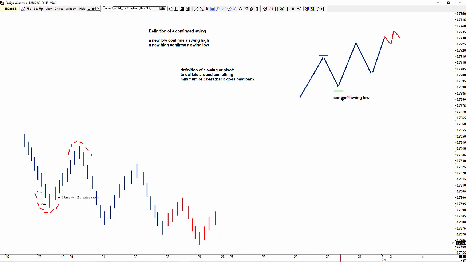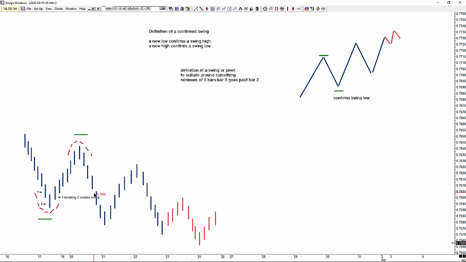All right, so before we can get to confirmed, it has to be a swing. And so you see, we're swinging around bar 2 here. Same thing here, 1, 2, 3. We break this, all right? So life starts out as a swing. So we have a swing, we have a swing.